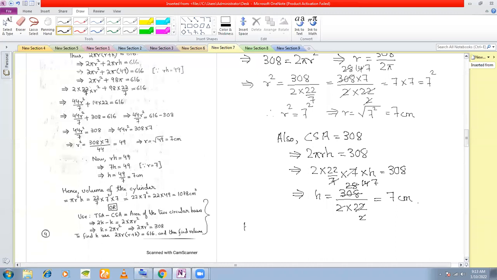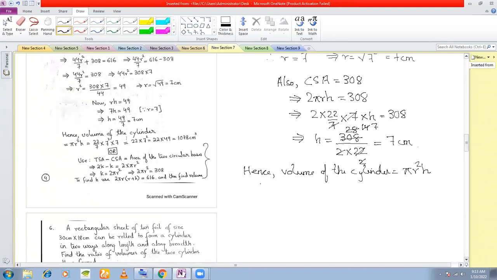So therefore, what is the volume of the cylinder? It is pi r square h. You can put the value now, 22/7 into r square into h.